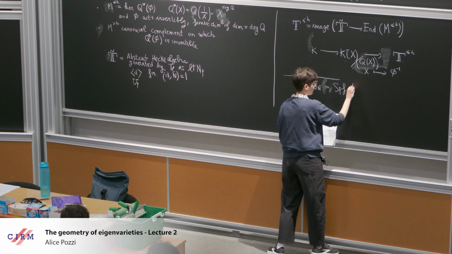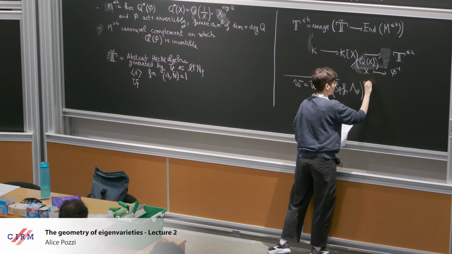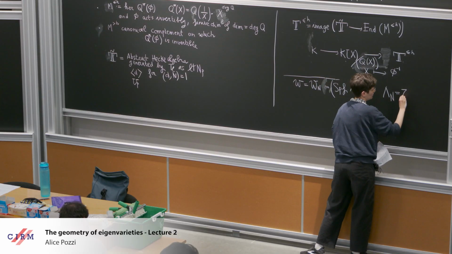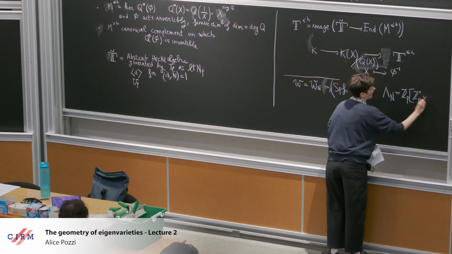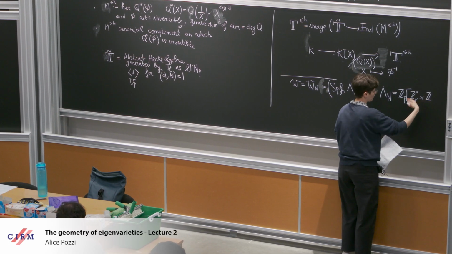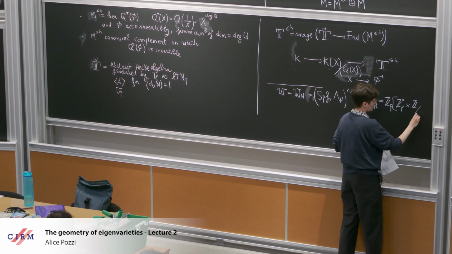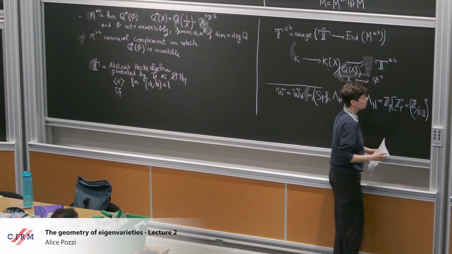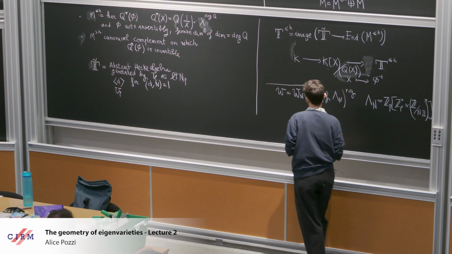I'm going to take spec of lambda n and take its rigid fiber, where lambda n is, again, a completed group ring, but I'm going to take Zp star times what is going to account for the characters of conductor up to n, which will parameterize essentially the abelian type of the characters. It's not going to be super important.